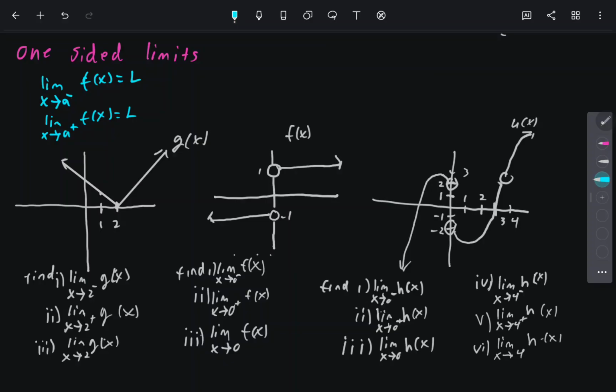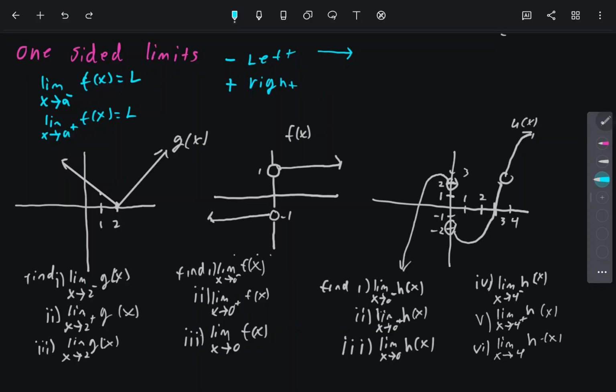What it really means is this negative symbol means left, and this plus sign means right. We're saying that we're going to approach the function either from the left or from the right.